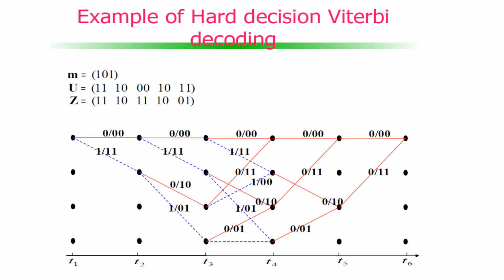This approach is known as the brute force approach, which is not possible practically to estimate the actual code word that was transmitted based on the received data. The brute force approach cannot work practically.